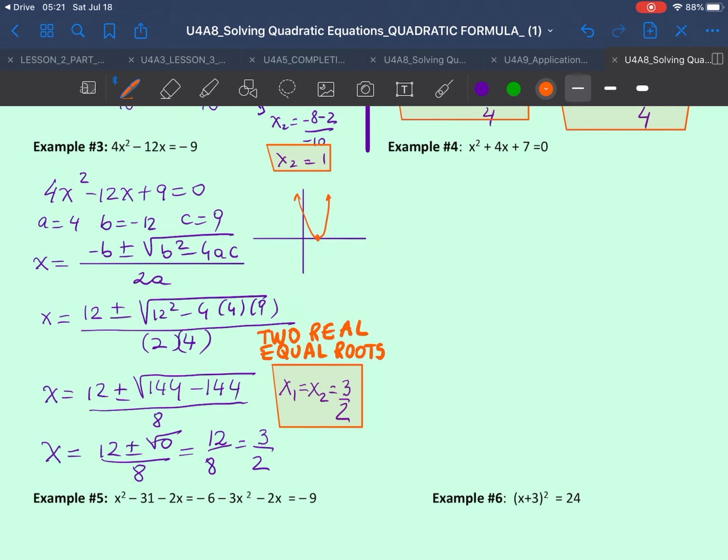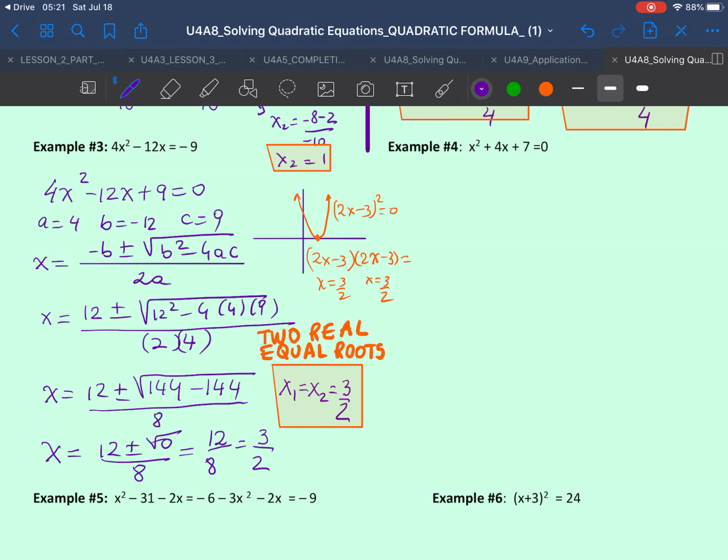And this equation would have been factored in the form 2x minus 3 squared equals 0, right? So we would have had two factors, 2x minus 3 times 2x minus 3, which means either x equals 3 over 2 or x equals 3 over 2. So x equals 3 over 2 twice, kind of. And that's where the term two real equal roots has come from, okay?